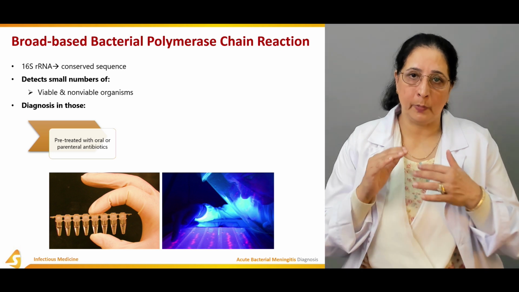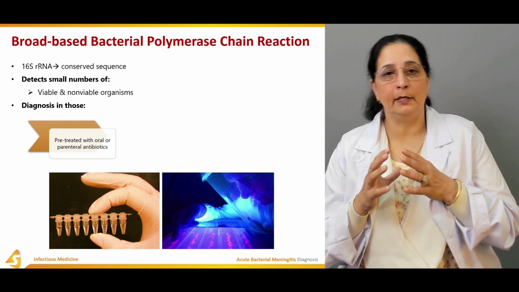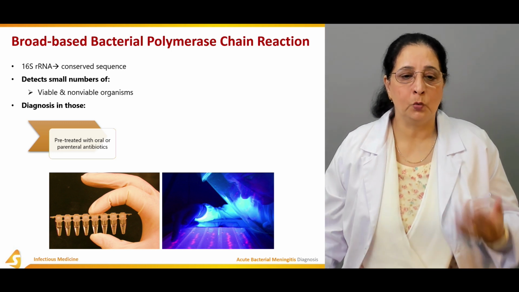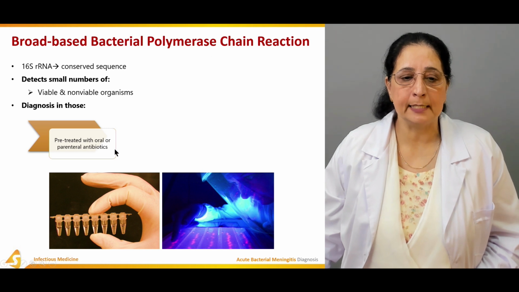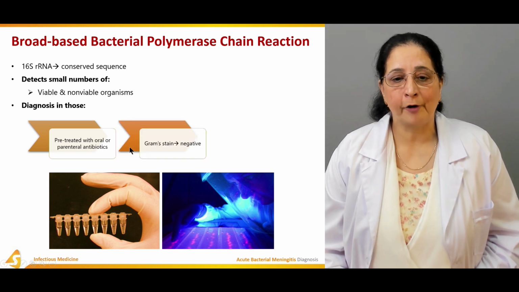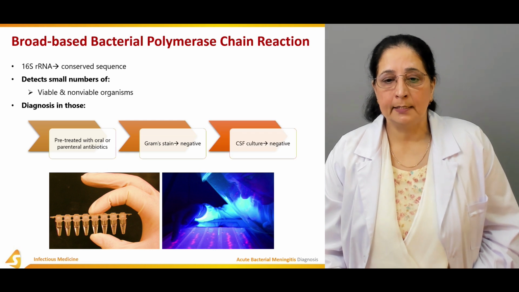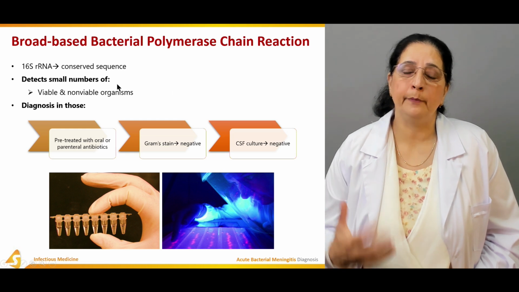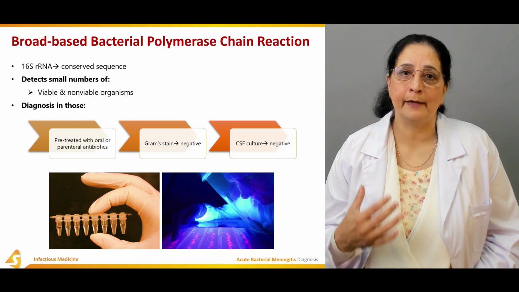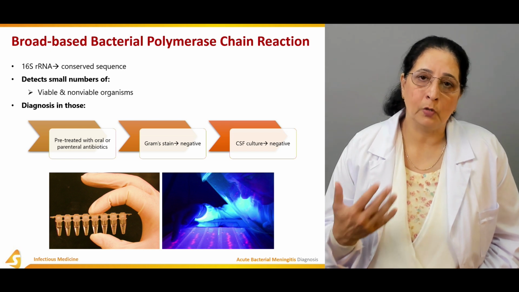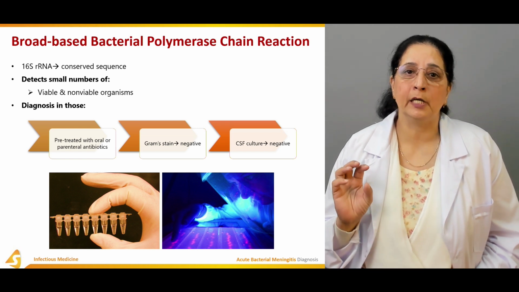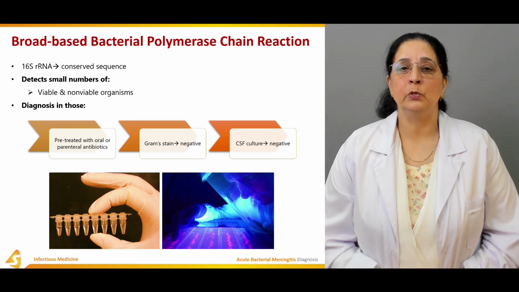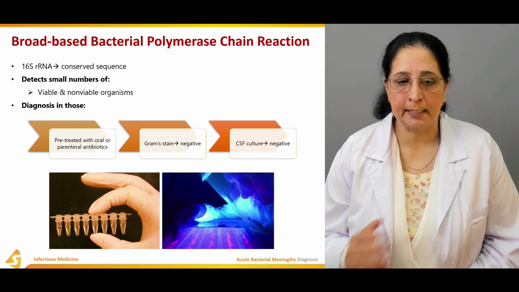It can detect small numbers of viable and non-viable microorganisms, in patients who are pre-treated with antibiotic therapy, where the Gram stain is negative and CSF culture is also negative. So it is used in patients whose cultures are negative, and those who are already treated with antibiotics. Polymerase chain reaction is effective in diagnosing bacterial meningitis in these patients.